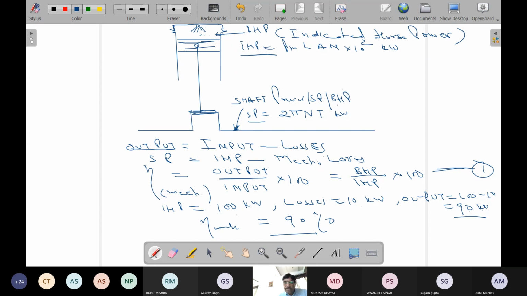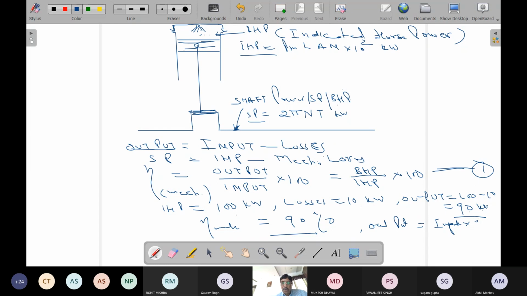It means 10% are losses, correct? Also, I can say, if I use this equation, output will be efficiency into input. So output is equal to input into efficiency, which is 90%.